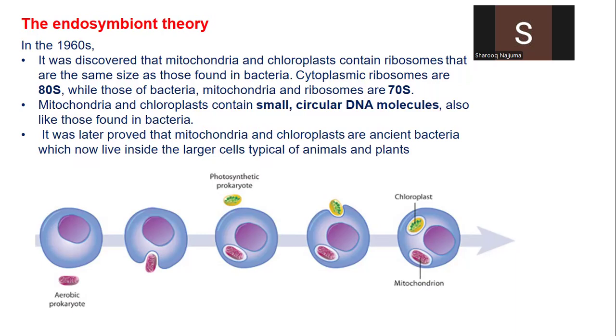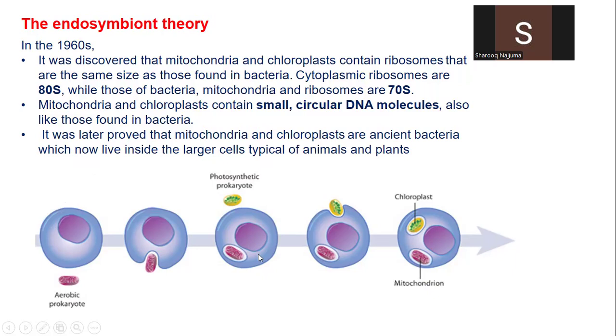So it was later proved that they were bacteria, ancient bacteria that were engulfed by the eukaryotic cells so that they can live together in a symbiotic relationship. Like the eukaryotic cells didn't have mitochondria before, but they engulfed them and the mitochondria became part of their body.